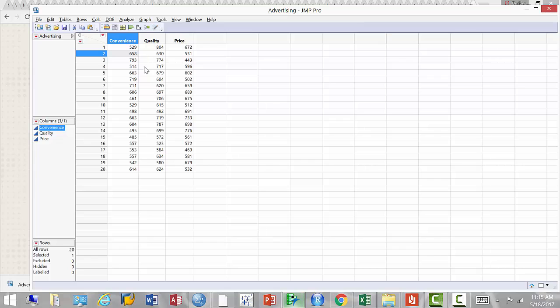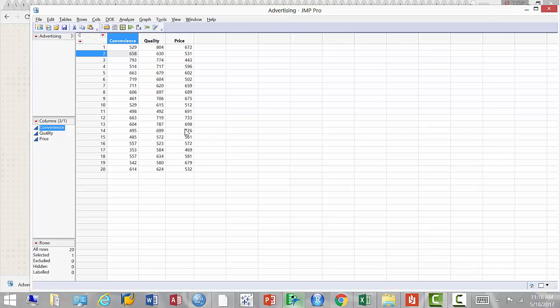City number 2, I ran the quality advertising. Quality is not better or worse, it's pretty much the same. And these are the numbers, right? And in city number 3, my advertising revolved around the price. So now I want to compare these 3 columns and see if any advertising approach gives me better or worse results.